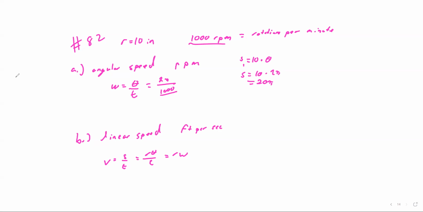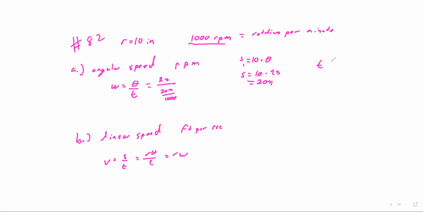No, that's going to tell me how many. So we take this 20 pi divided by 1,000. That will tell me per time. Like this will tell me 20 pi divided by 1,000 is how long it would take me to do one rotation. So that's my time.